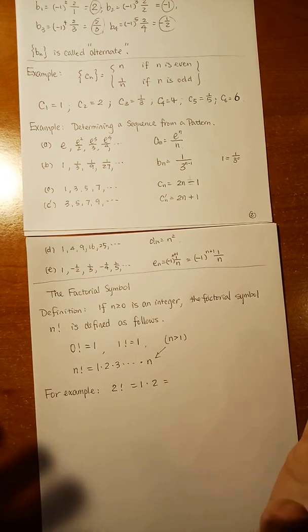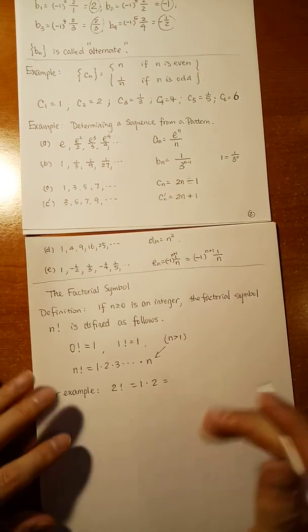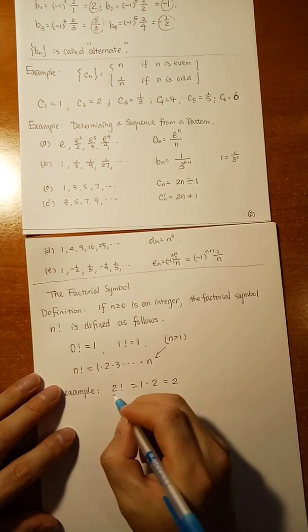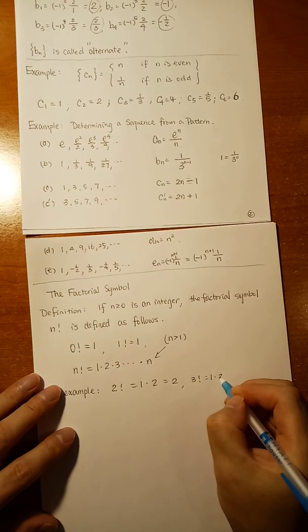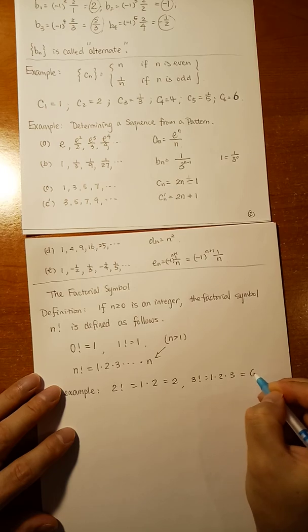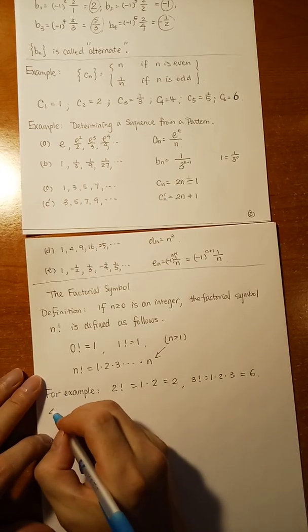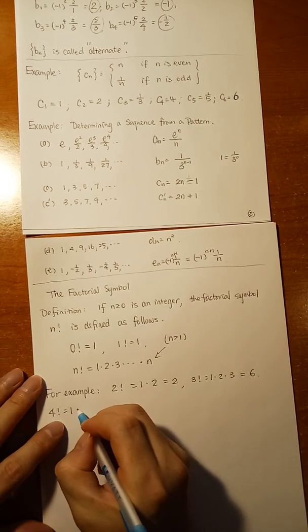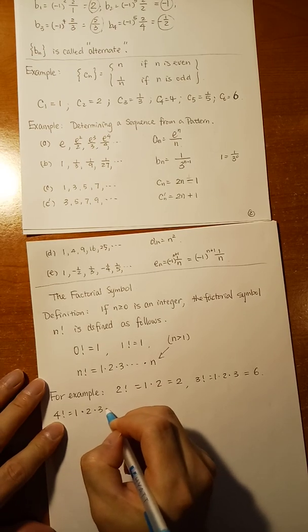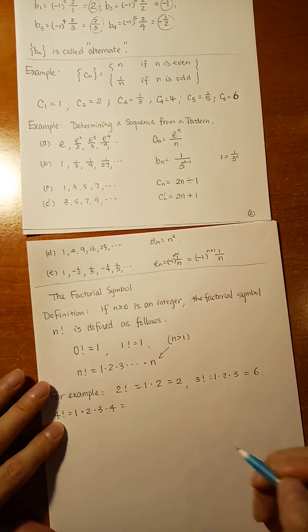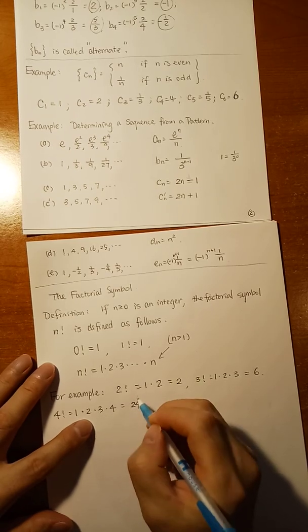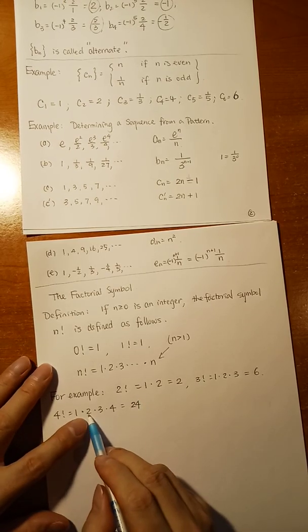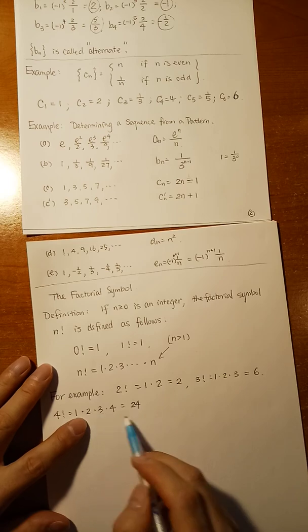You just get the first 2 integers and do the product, so 2 factorial is equal to 2. 3 factorial is 1 times 2 times 3. 1 times 2 is 2, 2 times 3 is 6. 4 factorial, 1 times 2 times 3 times 4, is equal to 24. Why? 1 times 2 is 2, 2 times 3 is 6, 6 times 4 is 24.